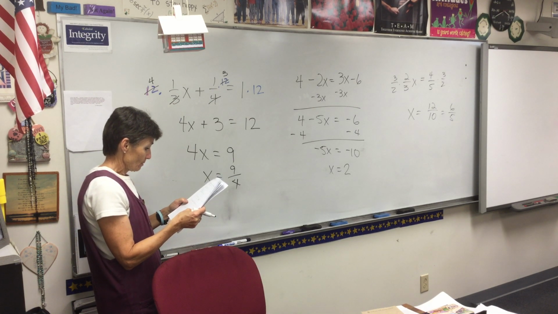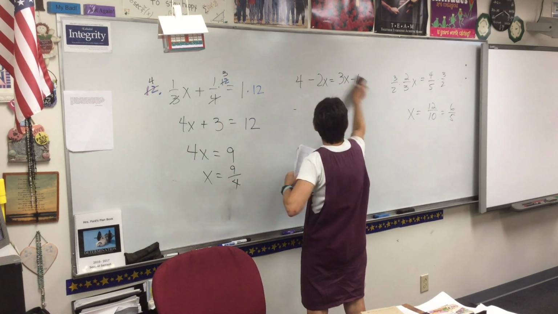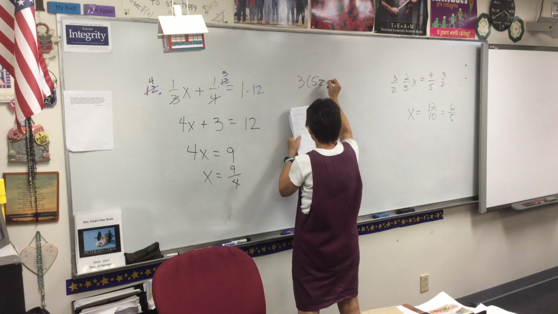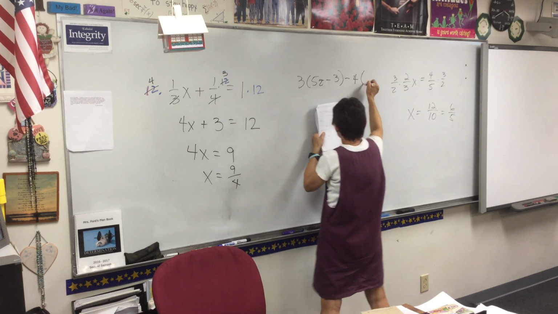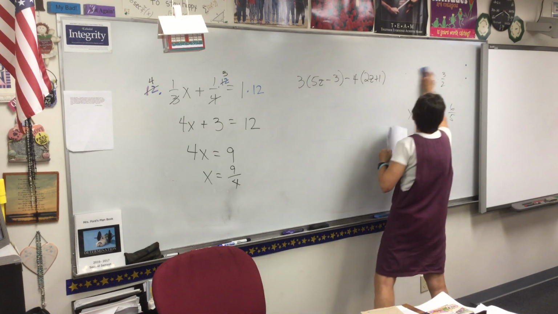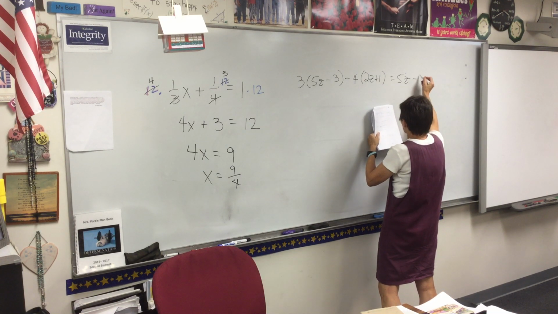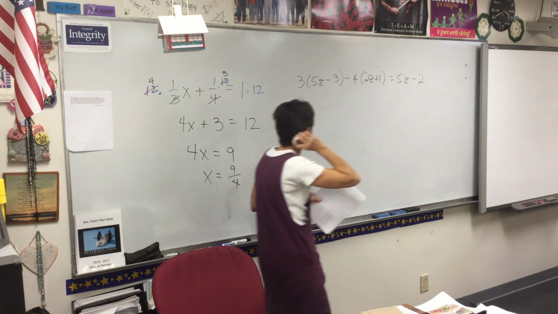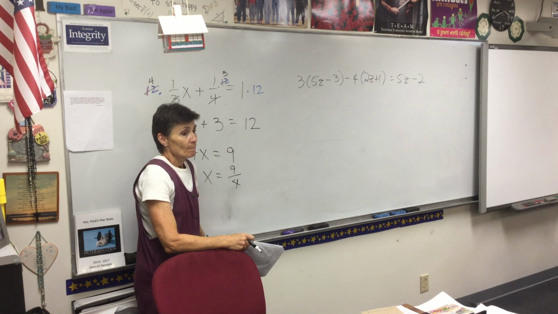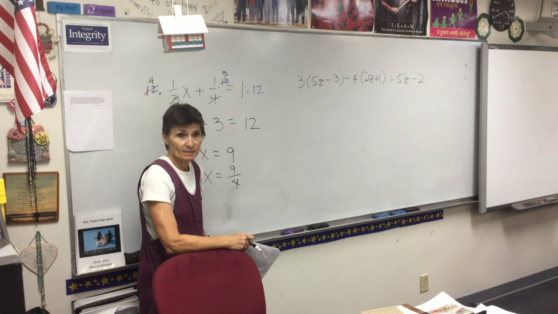All right. What's next? Okay, now we've got one with a bunch of parentheses in it. This is when you really got to think about PEMDAS, because before you start combining or moving, you got to get rid of those parentheses, right?